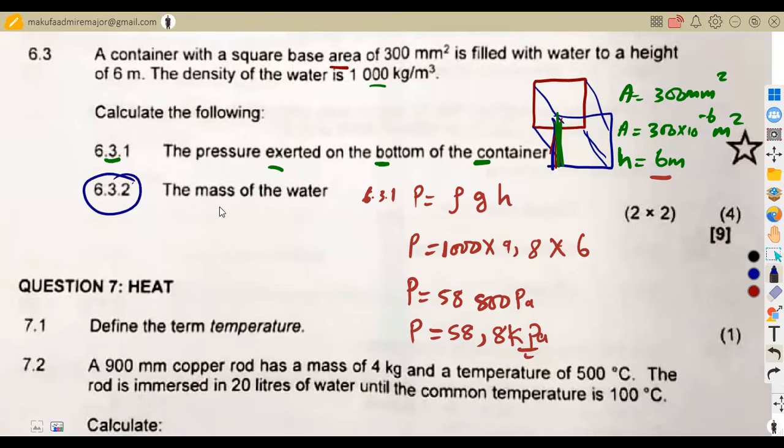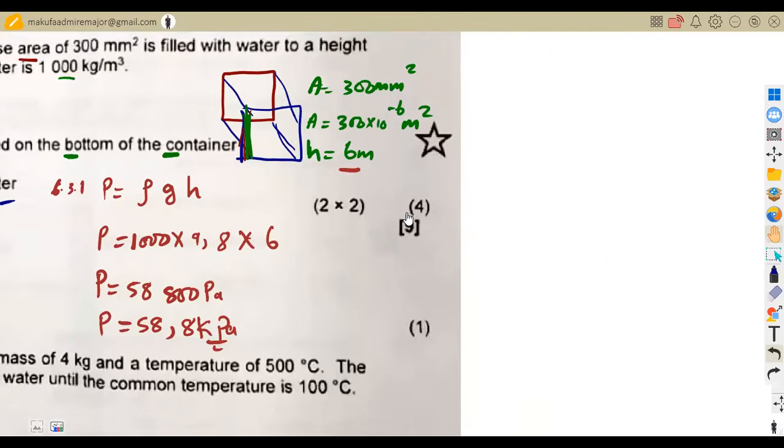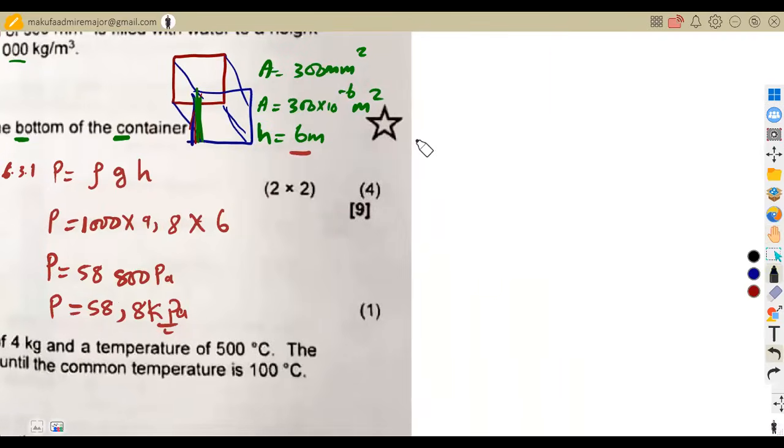Then 6.32, we need the mass of the water. Remember, from this square base we have the volume from the area and the height. So we have the volume and we have the pressure. What we want is to calculate the mass. We have a relationship connecting the density, not the pressure, but the density itself, to the mass.